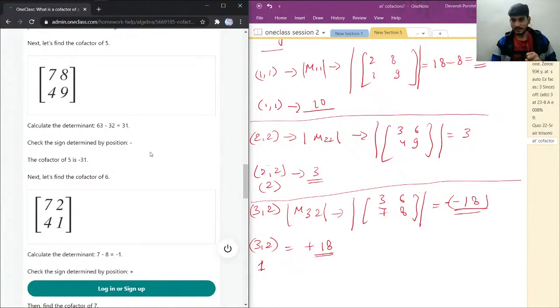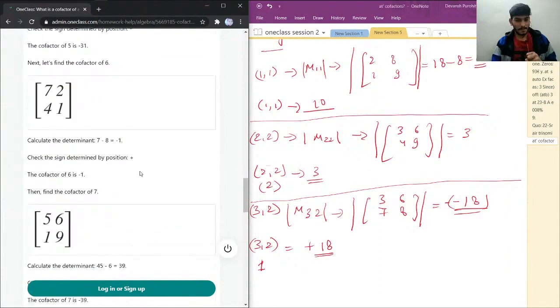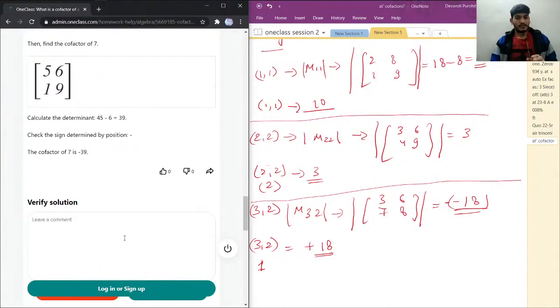We haven't calculated the cofactor for 6. So in this way we can calculate the cofactor matrix, and usually the cofactor matrix is used while finding the inverse of a matrix. So the solution given by Junior Tutor is correct here. Great job.